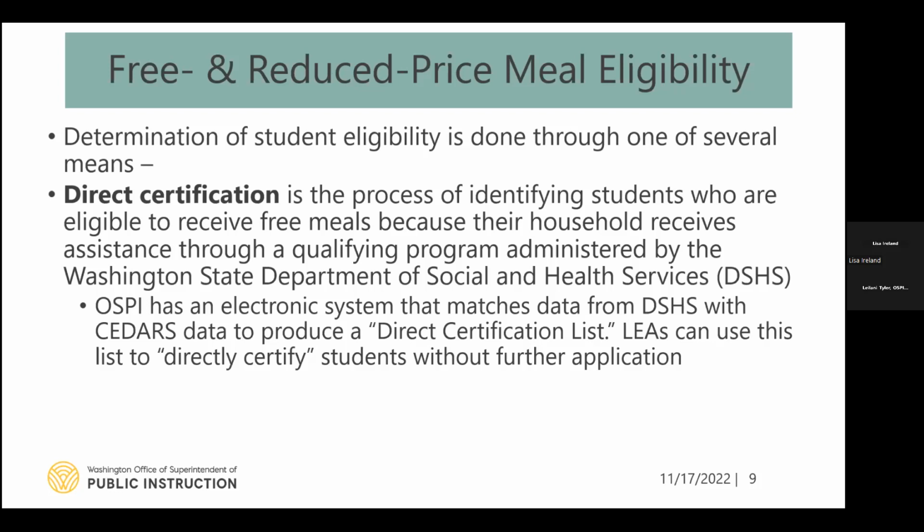It's an electronic automated service that districts can log into to determine if any of their students are identified as direct certified. There are multiple ways students can be on this list. If a student is identified as direct certified or direct eligible in your district, you capture this information.